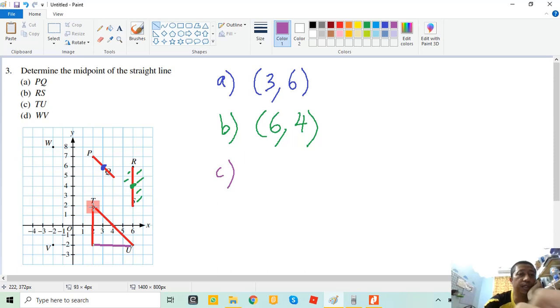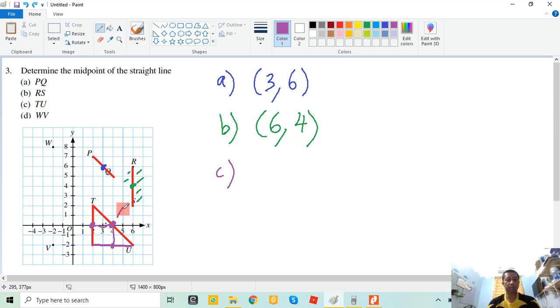Actually, the midpoint is this one. This is the midpoint for the vertical line. For the horizontal line is this one. Okay, and these 2 points actually meet at this one. So this is the midpoint for TU.